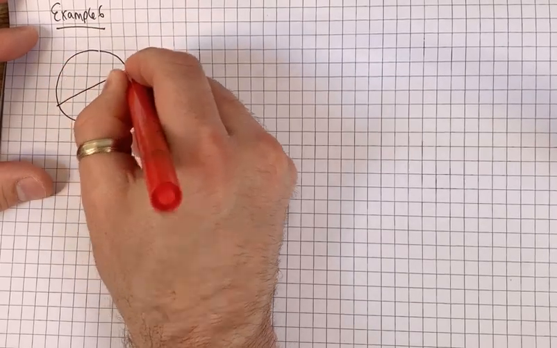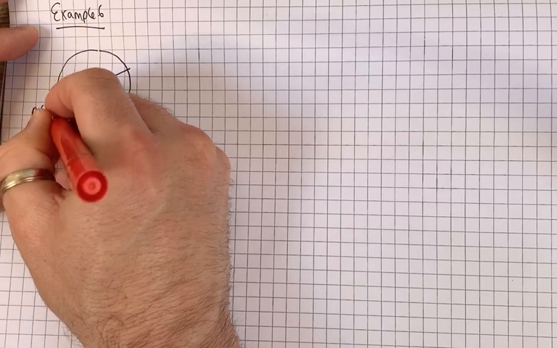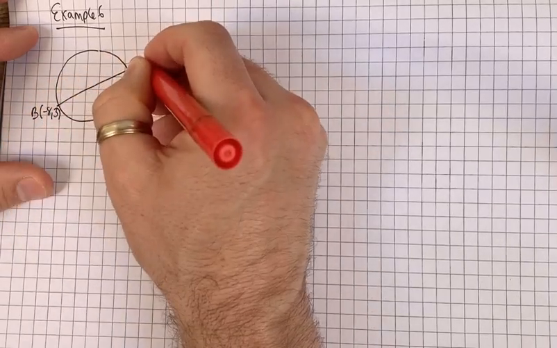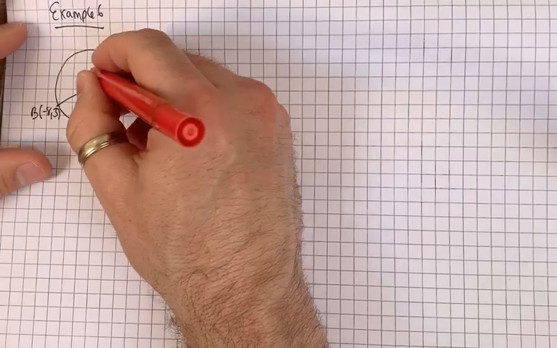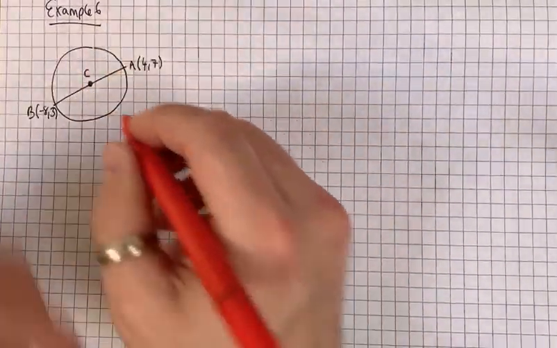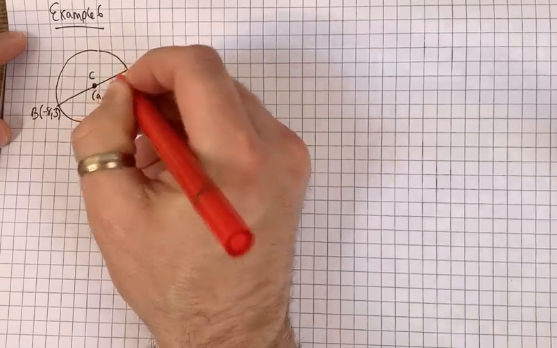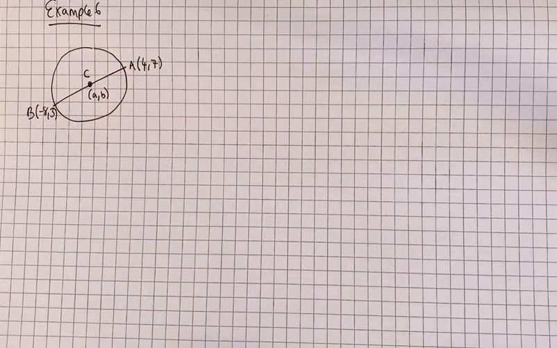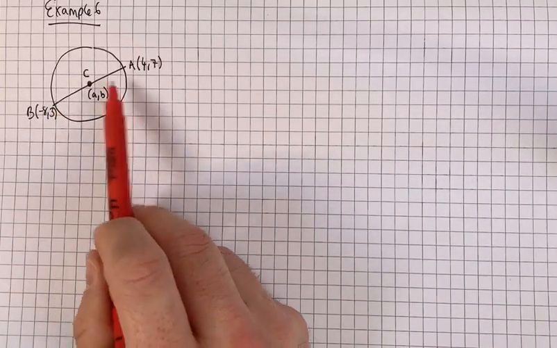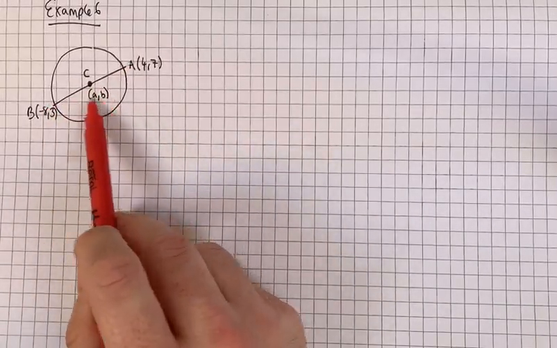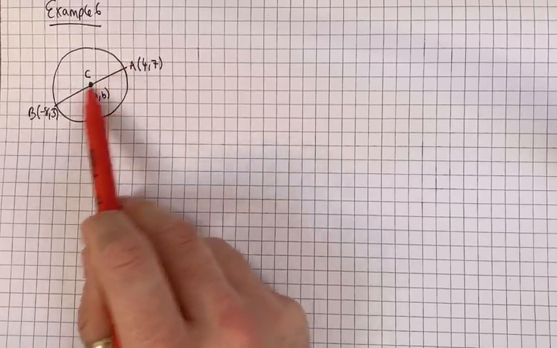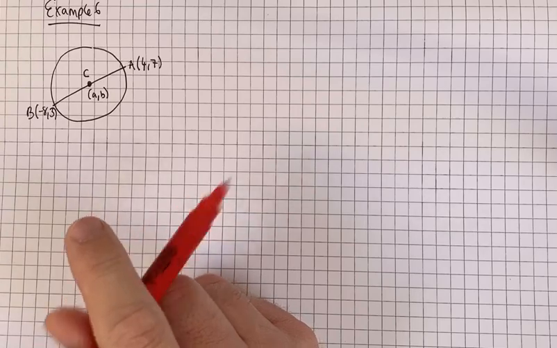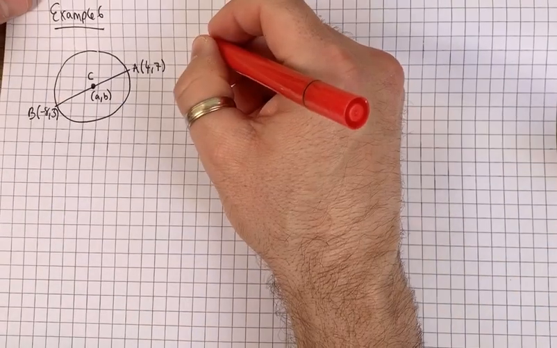B (minus 8, 3), A (4, 7), and we want to work out the equation of the circle. So to work out the equation of the circle, I'm going to need (a, b), which is the centre of the circle, and I'm going to need the radius. Now to work out the radius, I can either work out the diameter and then halve it, or I can first work out the centre of the circle, then doing a bit of Pythag, I can work out the radius of the circle. I'm going to work out the centre of the circle first.